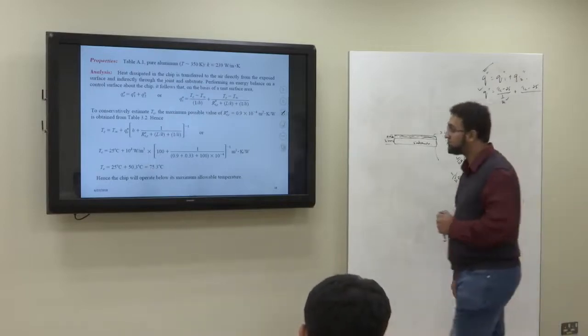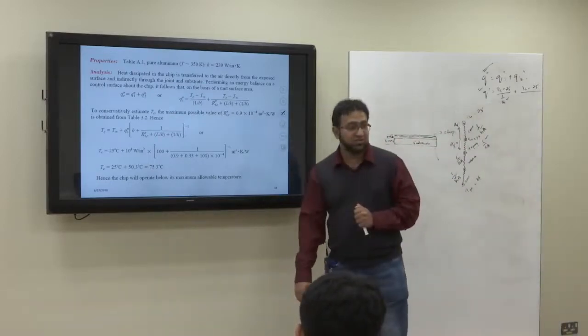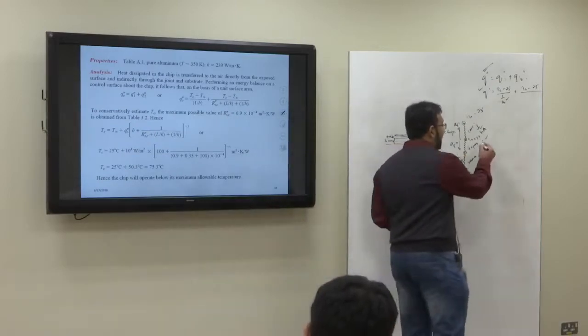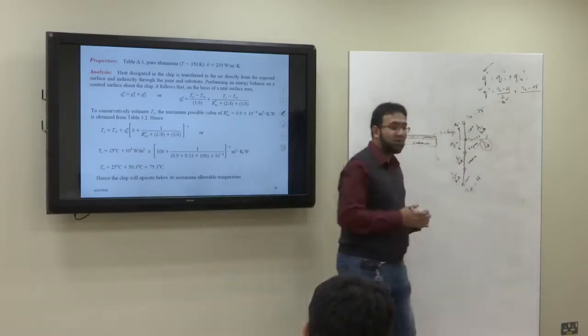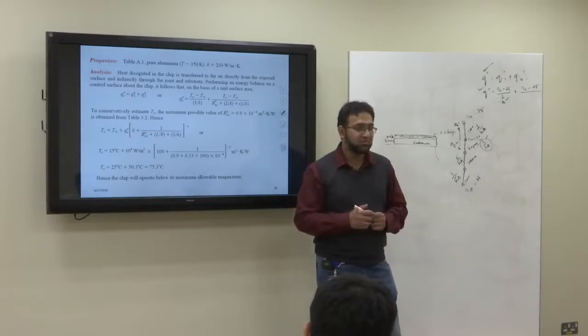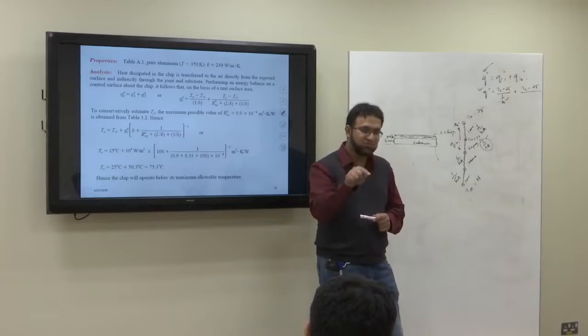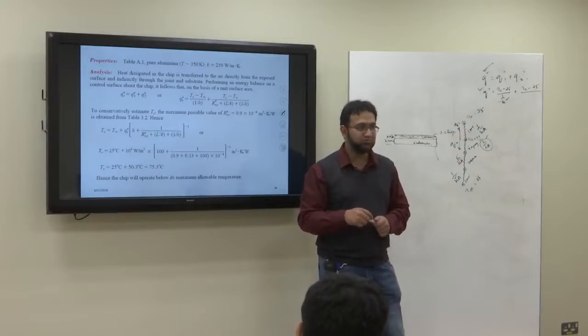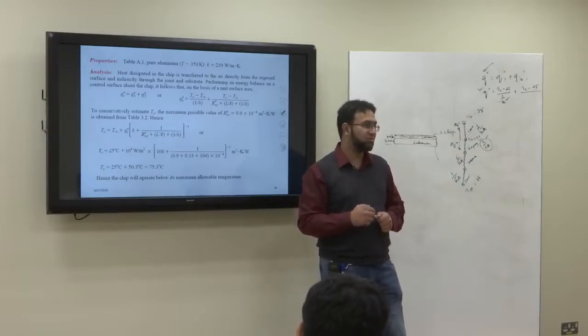Now for the case of epoxy, I don't need to use L upon KA. Why? Because this is an epoxy joint. It's basically paint, and its resistance value is directly provided in the table. Table 3.2, 0.2 millimeter epoxy resistance.